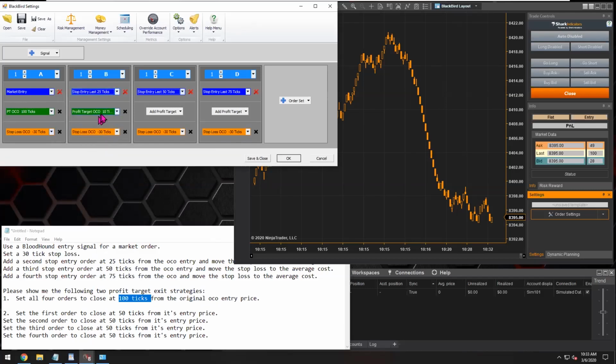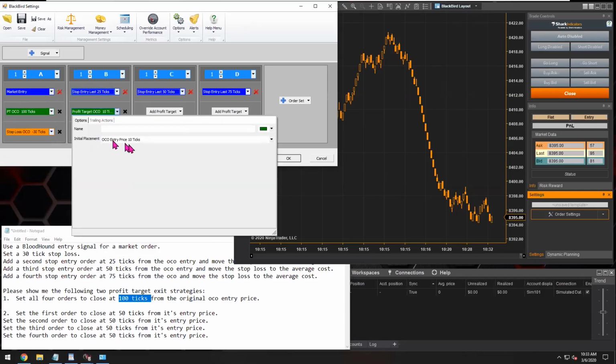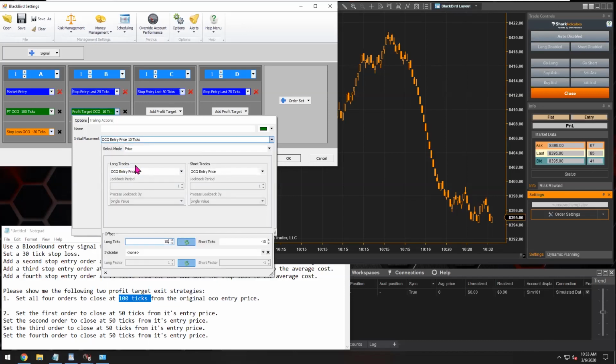And so for the second profit target, what we really need to do, you notice here our prices say we have the OCO entry price, which would be the entry price for order set B. So this entry price is for its order set.